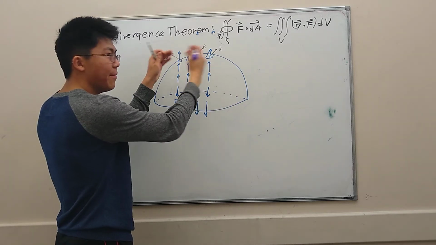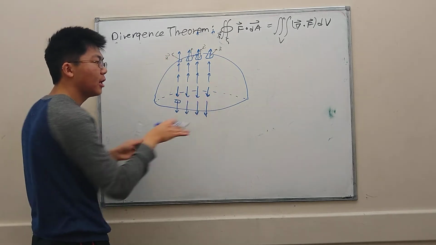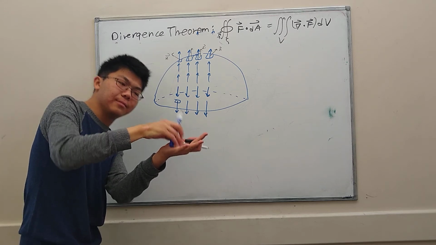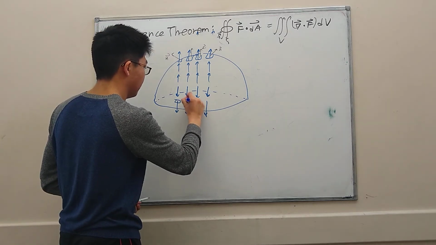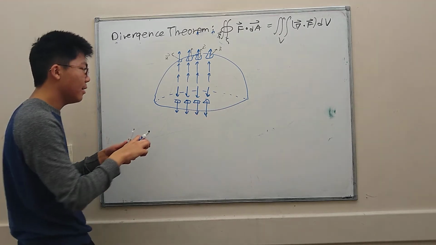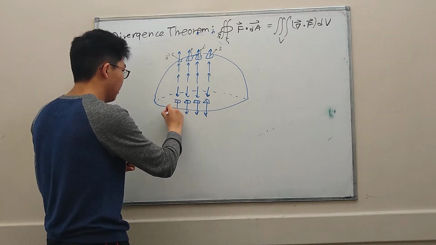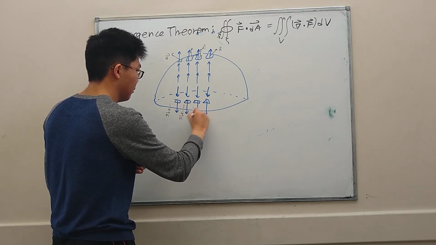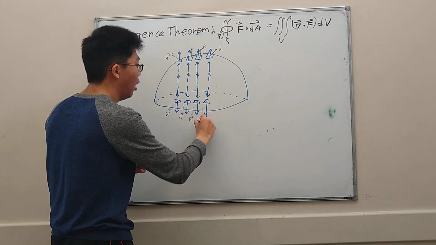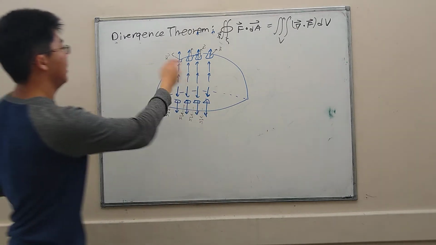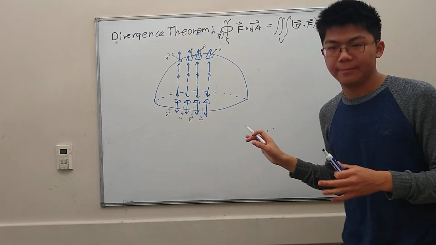So we have a hemisphere at the top and a disk closing the bottom of this hemisphere. And for the bottom, the normal vectors all point downward. So this is our setup right here.